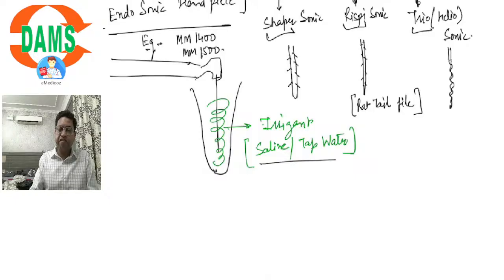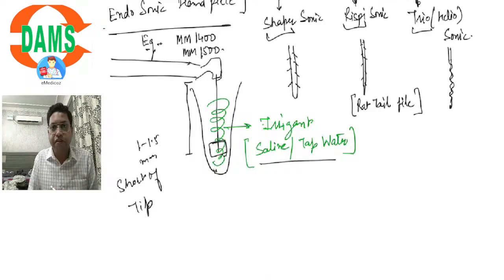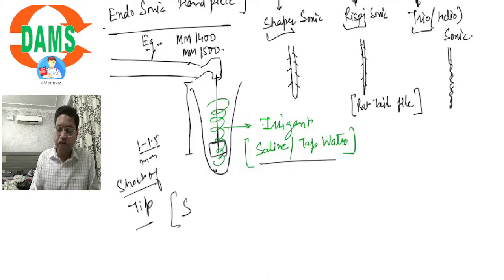So when these instruments are suspended from a sonic handpiece and vibrated inside the root canal, the vibration is generated from the point of attachment to the handpiece to about 1 to 1.5 millimeter short of tip. This apical one third of the instrument does not vibrate. 1 to 1.5 millimeter short of tip, the instrument vibrates whenever it is suspended in a sonic handpiece, and this is called sonic length.